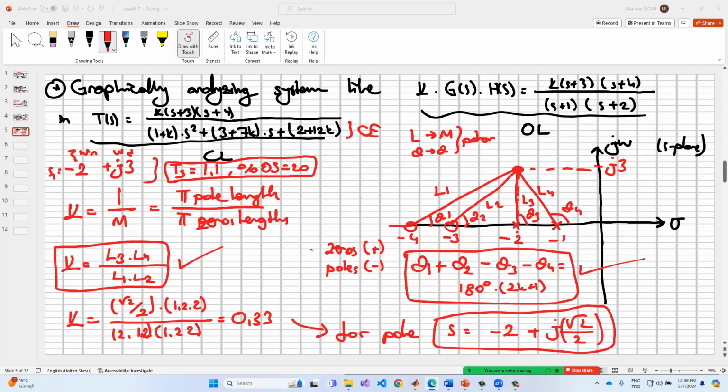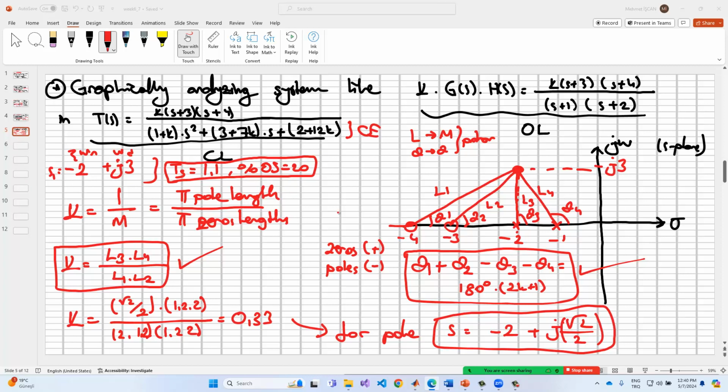And then we want to calculate the proper K value in here, just like this one. And so we also calculate these degree values, which equal 180. Right? Because these two conditions are satisfied, our system is stable and located at the desired poles in here, just like this one.